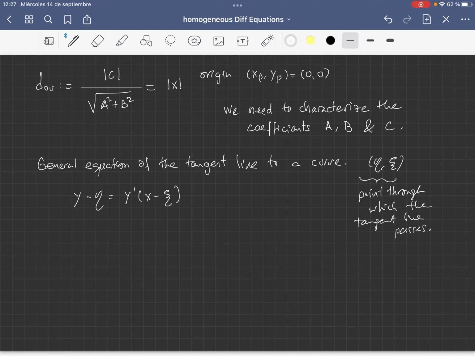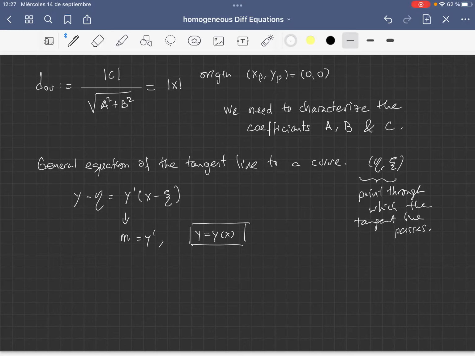The tangent line has a slope, which we normally call m, equal to the derivative of y, where y is the equation of the curve to which it is tangent. That's the main thing we have to know about this tangent line so we can calculate it.